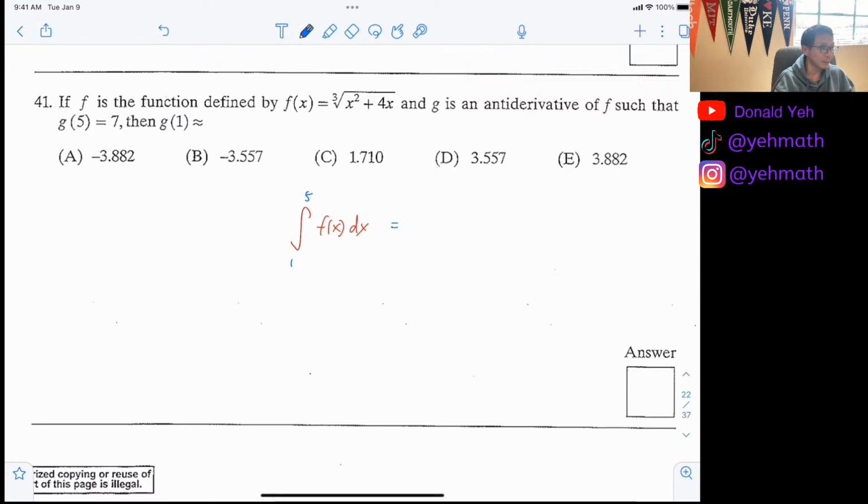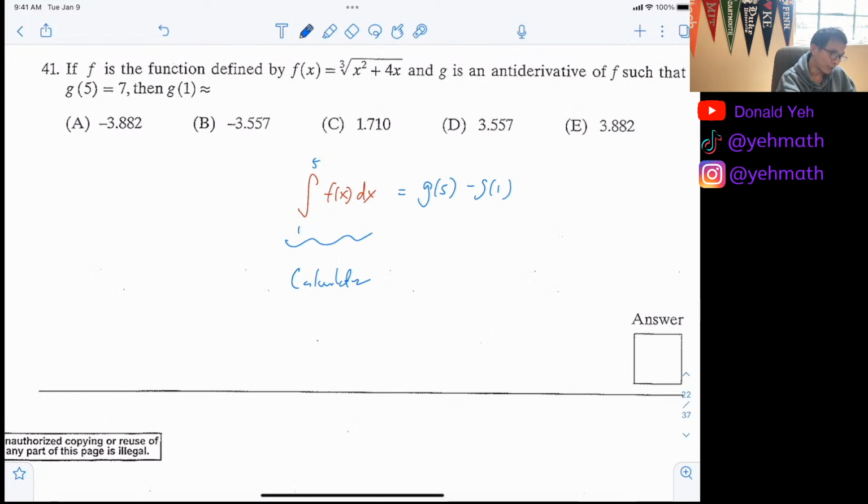And it's equal to what? If I integrate f, what do I get? g of 5 minus g of 1. This part you can use a calculator.